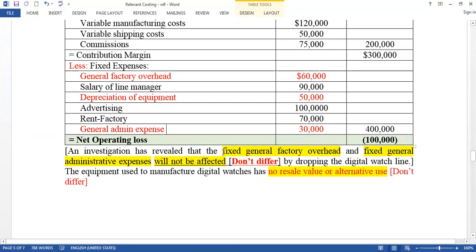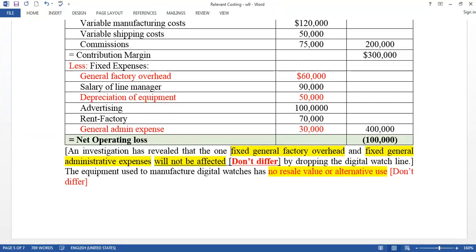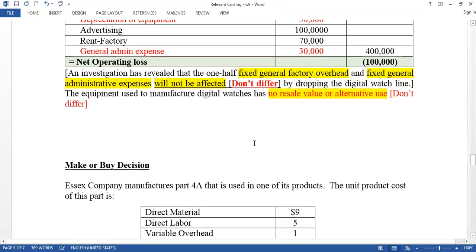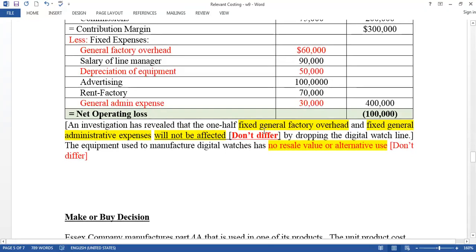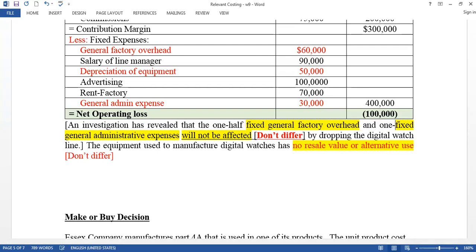I can tell you that one half of fixed general factory overhead and one half, just I add one half.